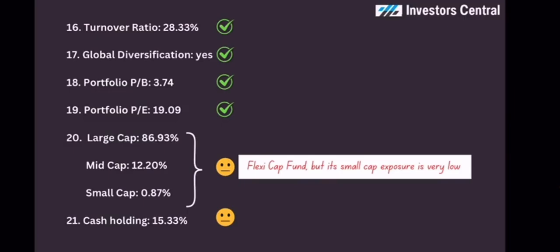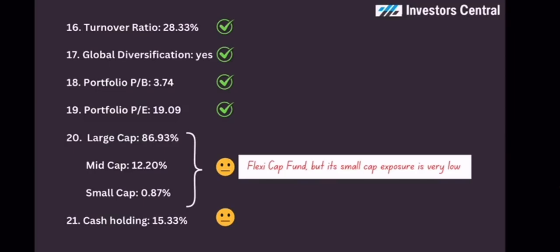And coming to the allocation of the stocks, large cap exposure is more in this fund. Almost 87% is large cap in this fund. Remaining 12.2% is mid cap allocation. And coming to small cap, it is at very lowest at 0.87. See, when I am investing in a flexi cap fund, I would like to have some small cap exposure also, so that I could get more returns from my investment in flexi cap fund.